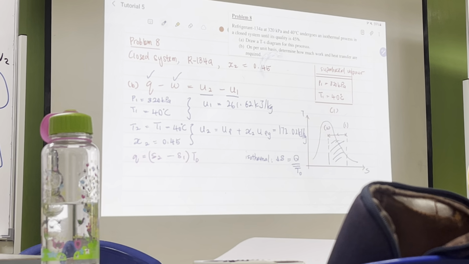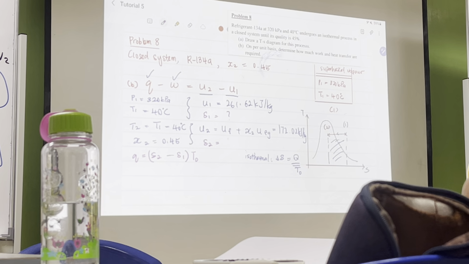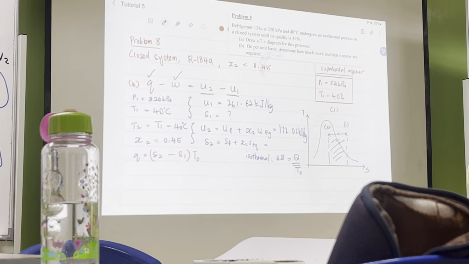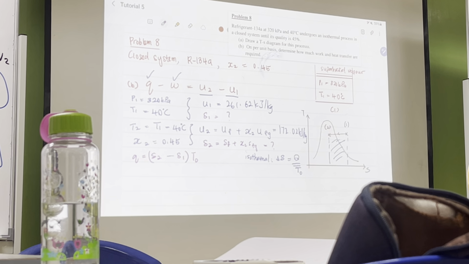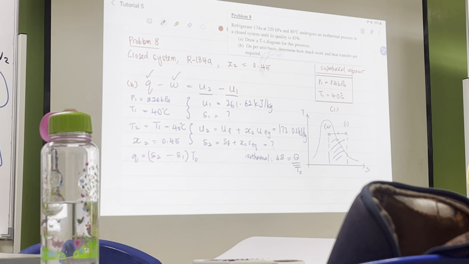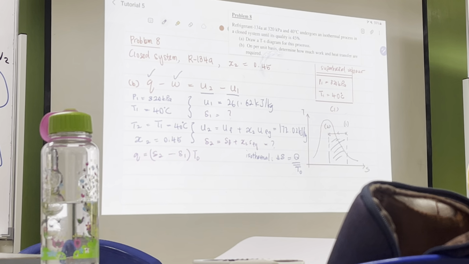So which means we still need to find two more things from the table. You need to find out what S1 is, and what S2 is. Oh, sorry, I accidentally wrote extra terms.